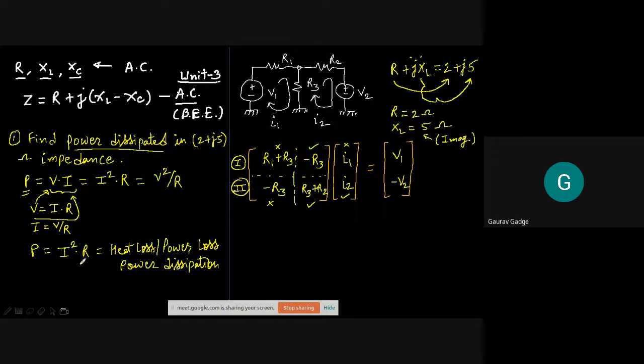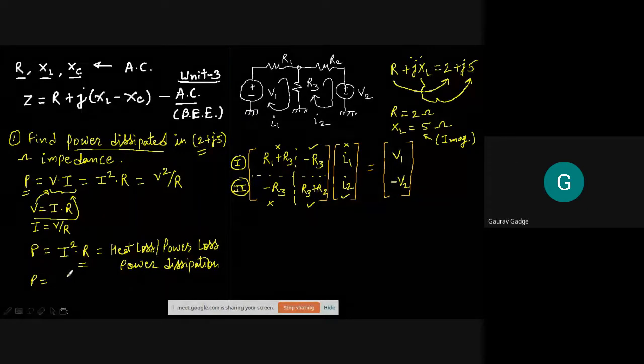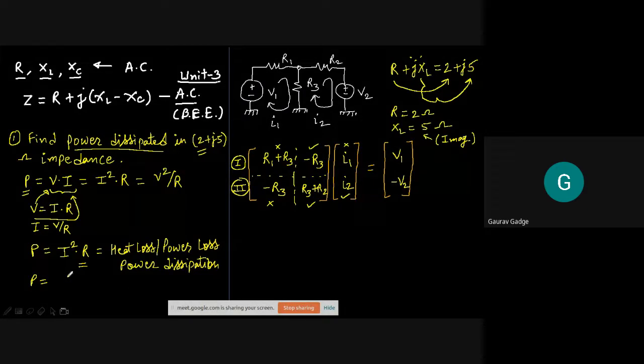Now what does this mean? You need to use just the resistance, and no impedance is involved. There is no impedance involved in the power dissipation. The power dissipation completely depends on the resistance. Now, can you tell me which part of this is indicating resistance? In 2 plus J5 you have to find the power dissipation.